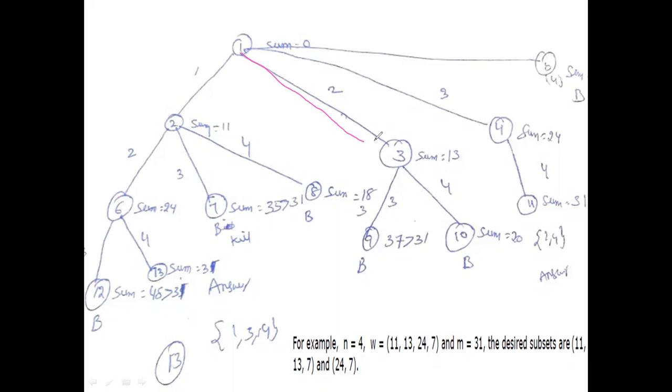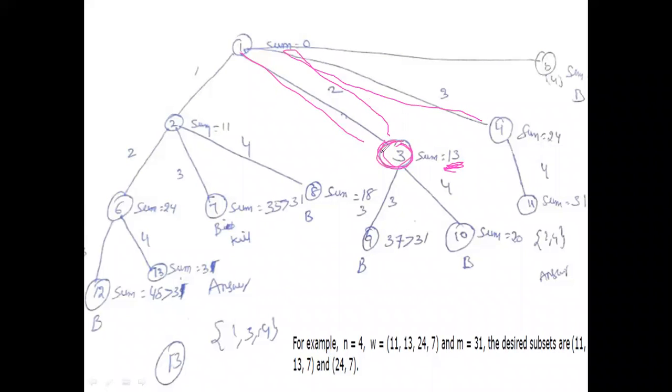The second child represents 2, with sum equal to 13. So now the live node, the first node, has generated this child and it is fully expanded. After that, by using backtracking, the first node generates another child.